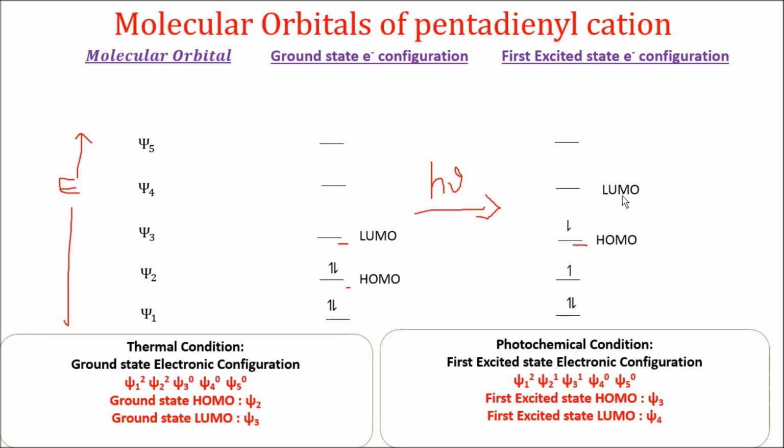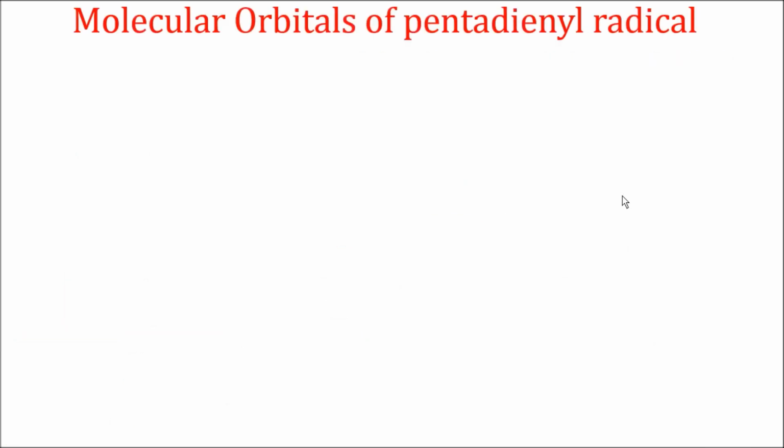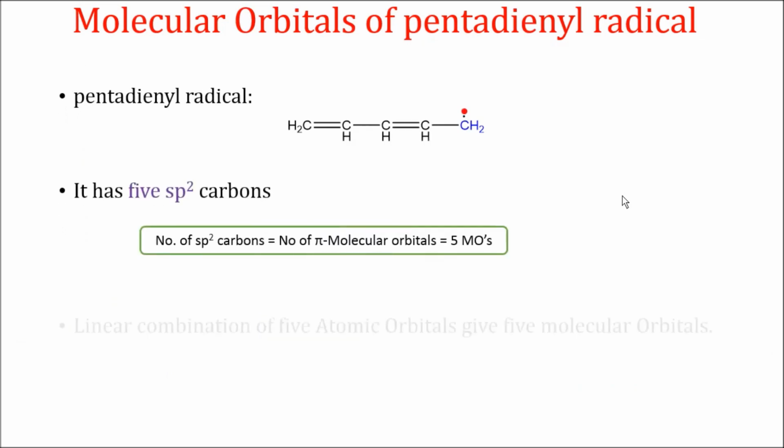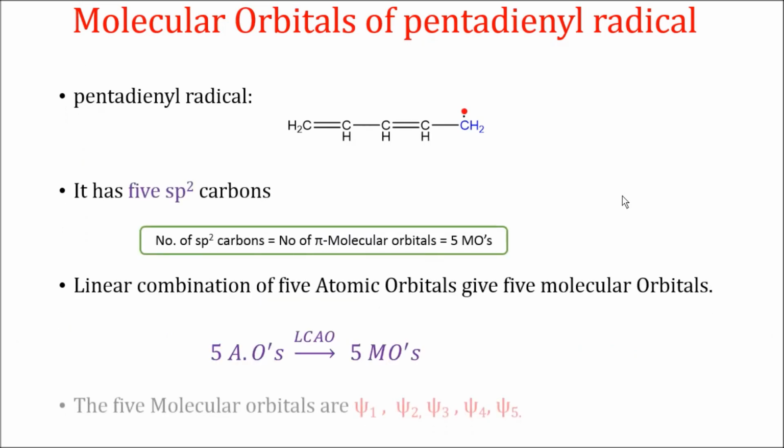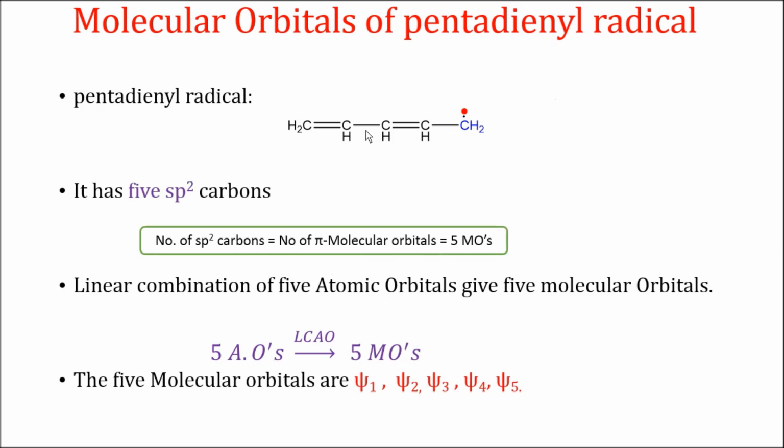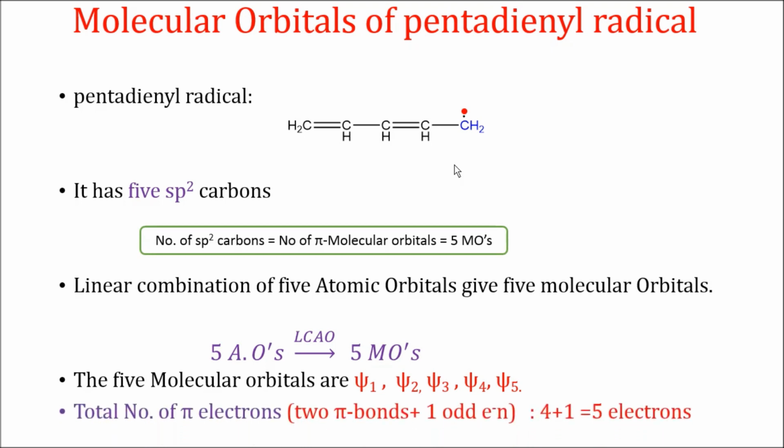Friends, the molecular orbitals of pentadienyl radical are similar to the molecular orbitals of pentadienyl cation. But what is the difference? The difference is the number of pi electrons. Pentadienyl cation has only 2 pi bonds, but in pentadienyl radical, along with 2 pi bonds, one odd electron is present, therefore 4 plus 1, 5 electrons are present.